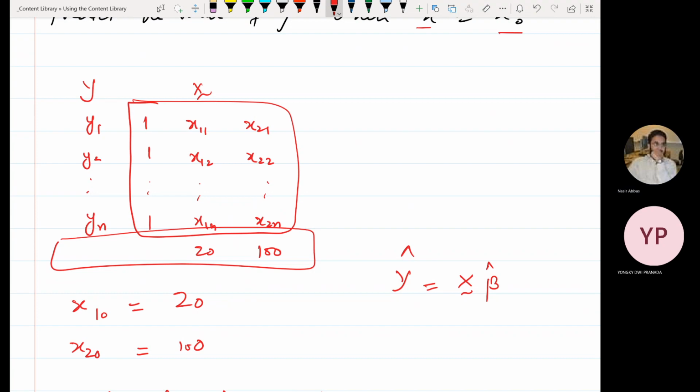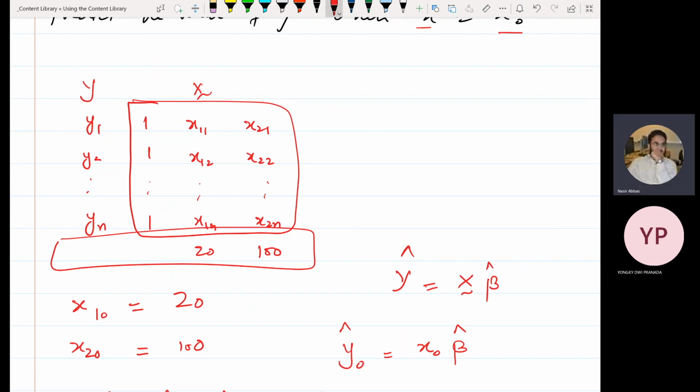Correct? Now, if I want to do the prediction, I will do this: y naught hat equals the new row of X, whatever it is, times beta hat. Put the new value of X into the model and get it done.